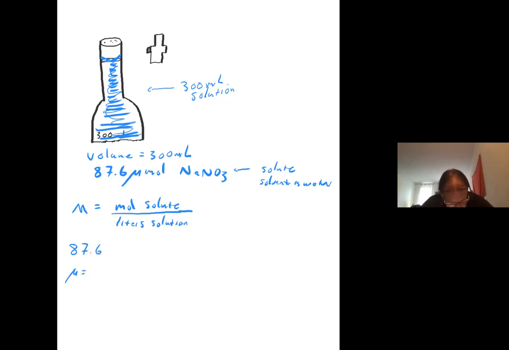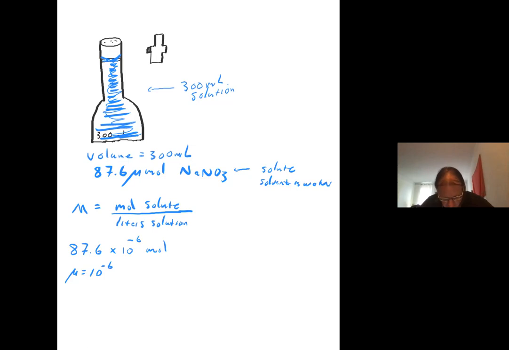Micro is 10 to the minus 6. So that means it's 10 to the minus 6 moles per micromole. So now it's in moles. Notice it's not in scientific notation. Scientific notation is a number between 1 and 9 times 10 to the x, where x is a whole number. This is 87, so that's not between 1 and 9, but that's okay because it's not our answer. Generally you want to have numbers in scientific notation if it's your answer, but it doesn't have to be if it's in your calculation.